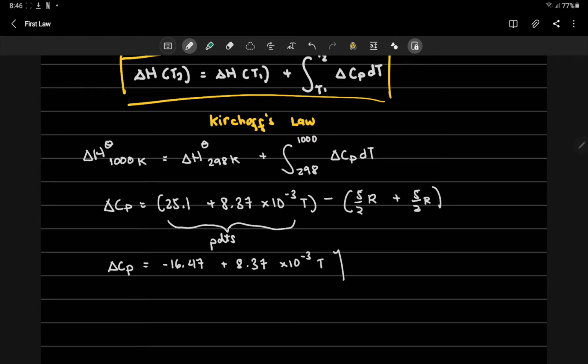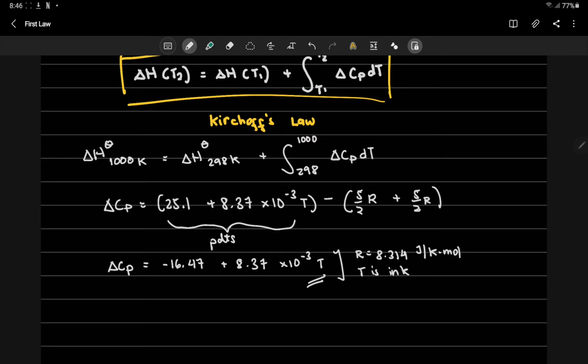By the way, ang R na ginamit ko dito is 8.314 joules per Kelvin mole. And yung ating temperature naman is in Kelvin. Okay, but basically, yan yung ating bagong expression, which is delta Cp.